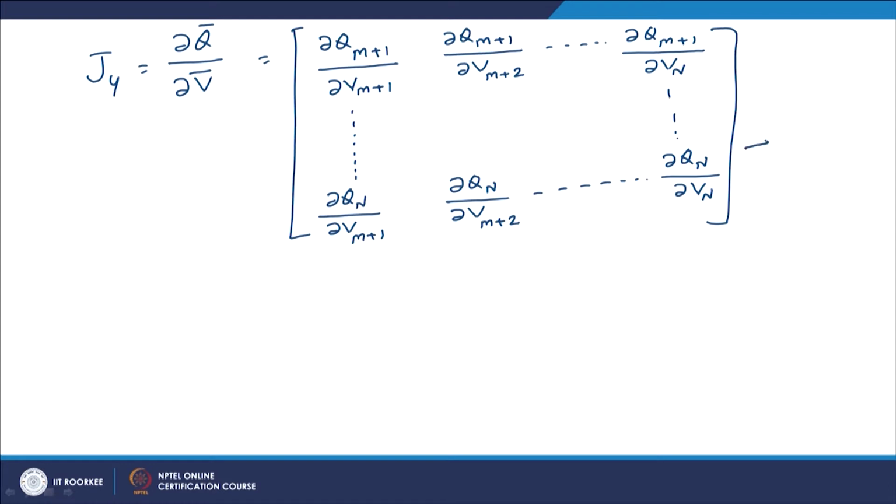So, it would be an n minus m cross n minus m matrix. So, it is a square matrix.